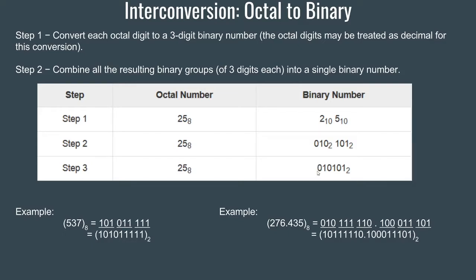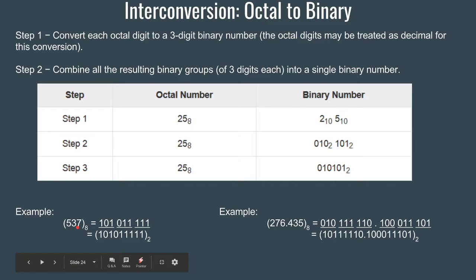If you get any scenario like this, you can always omit all the zeros if they occur at the leftmost position. So over here we have 010101. We can always omit this 0 at the leftmost position because it does not make any sense after all. And therefore we get the shortened number as 10101.